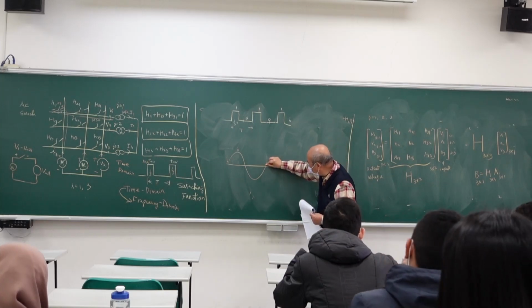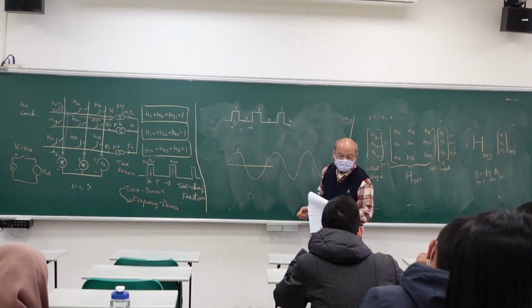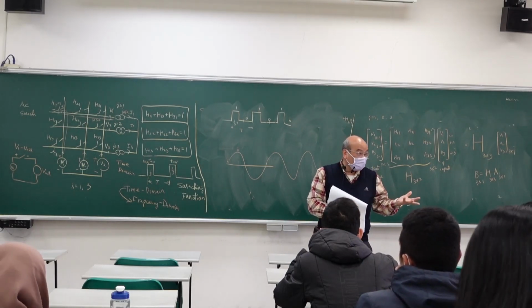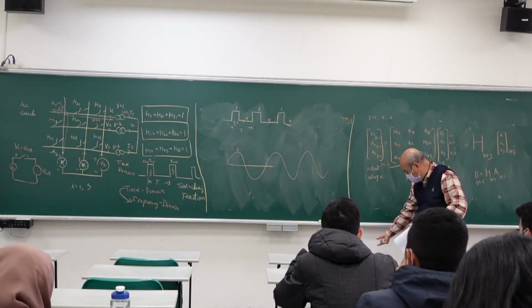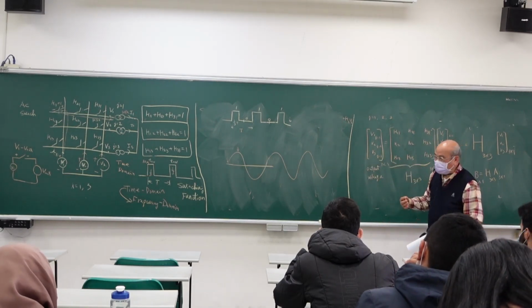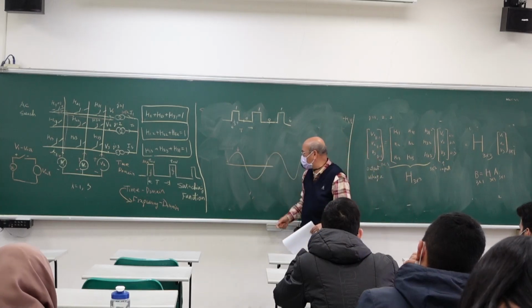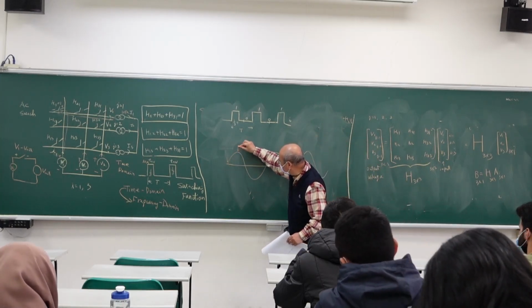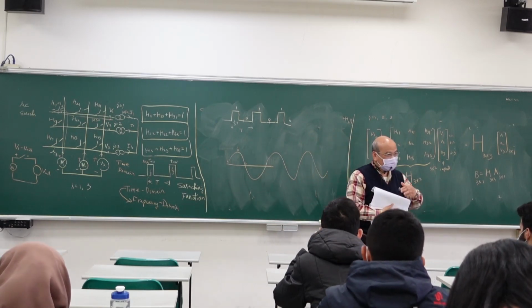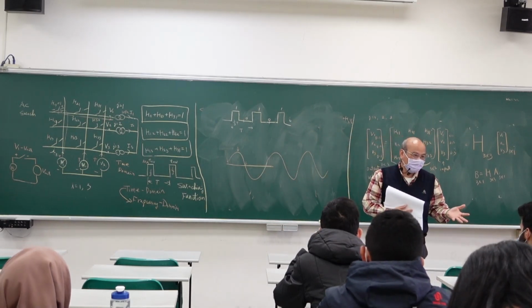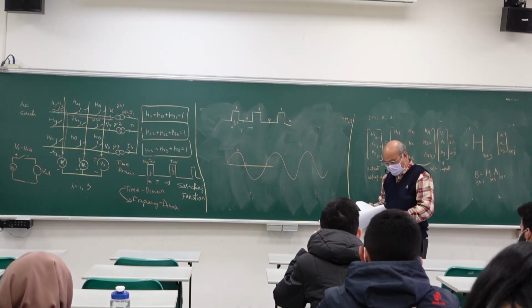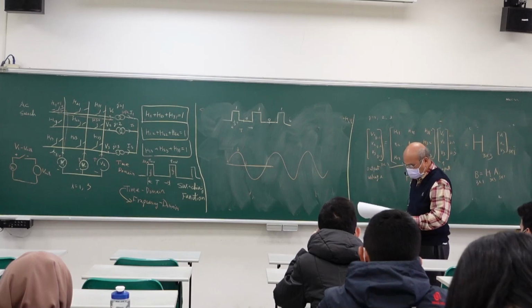If you have a sine wave, it is continuous. Do you know where the starting point is? No, right? If you use a scope to measure this waveform, it is like this. Then I ask you, where is your starting point? It could be here, it could be here, it could be here, right? Any point, because it is periodical. No start, no end, right? Periodical, so every point could be a start.